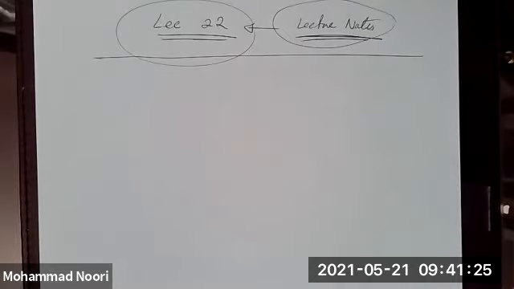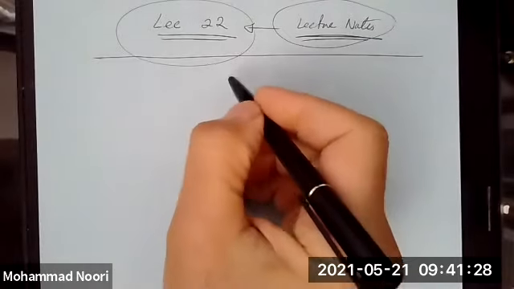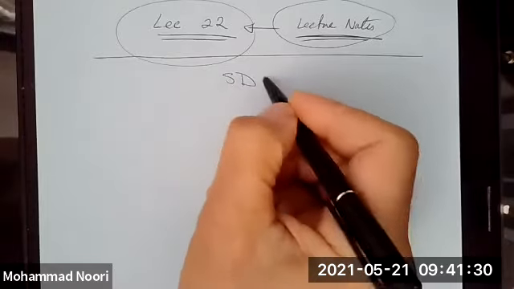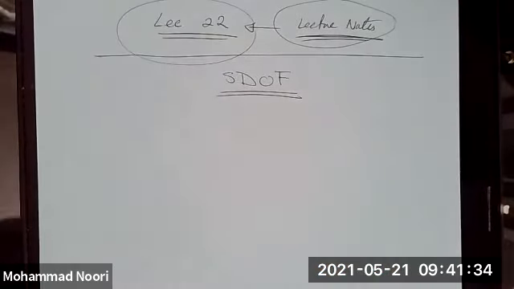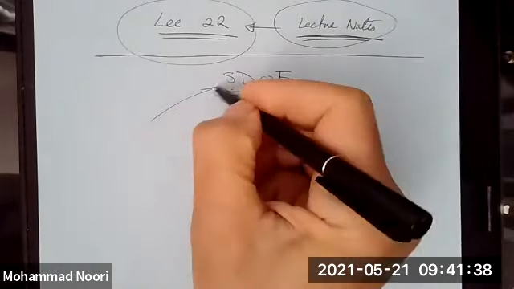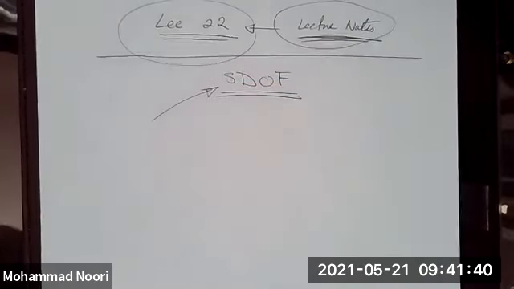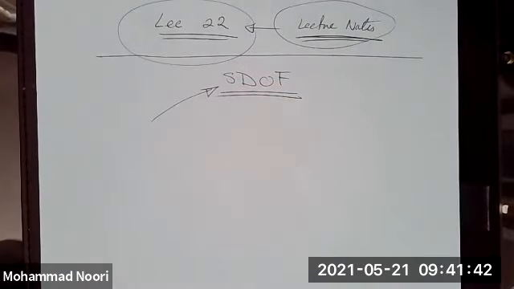If not, let's pause and see where we are. Up until this point, we basically covered a simple representation of vibratory systems by modeling them as a single degree of freedom system.